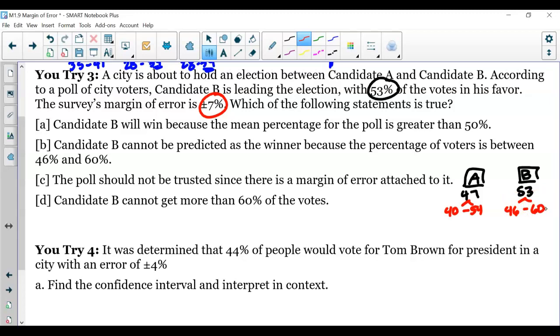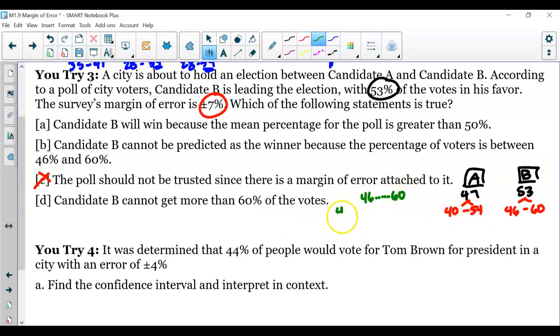So let's first see if we can even make a prediction or not. First off, even though there's a margin of error, this is created so that we can trust the data. So C is not the answer. So now here, let's see if we can make a prediction. So 46 to 60, 40 to 54.